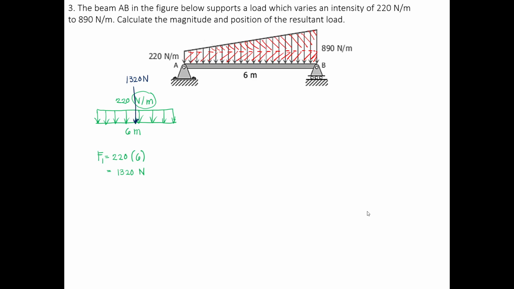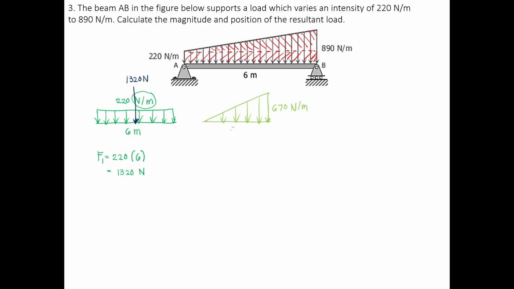Okay, so next we go to the triangular load. From 890 minus 220, that will be 670 Newton per meter.